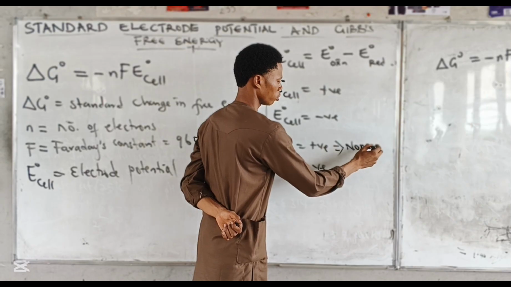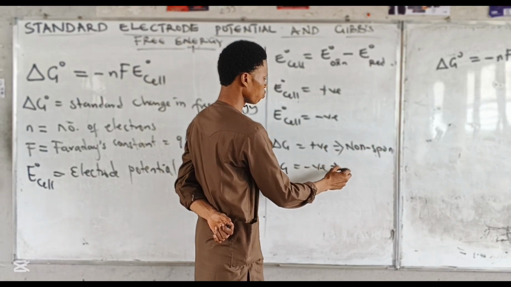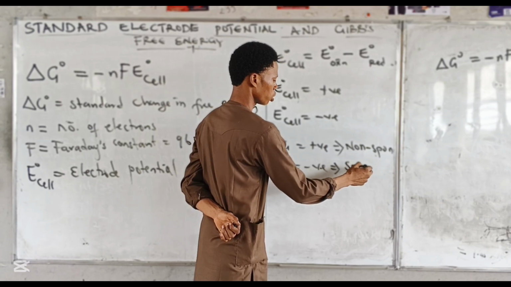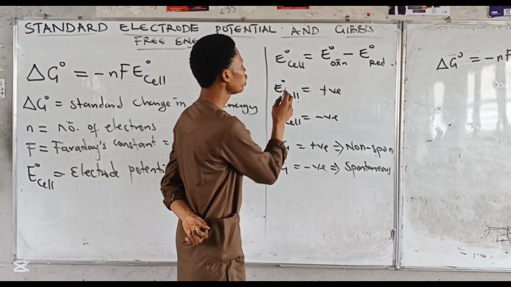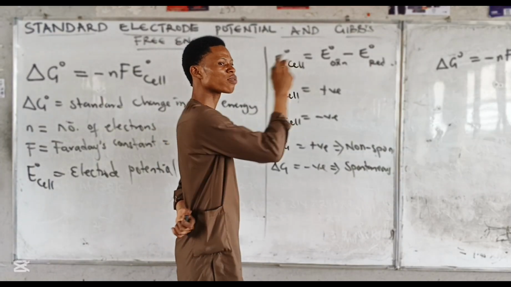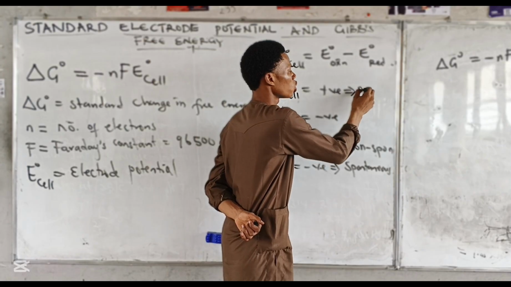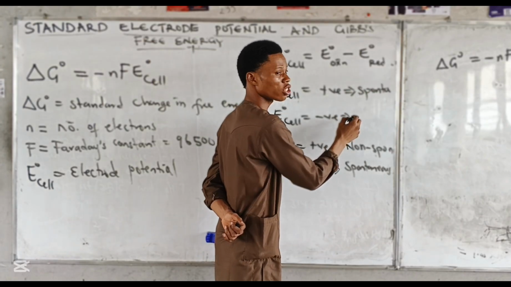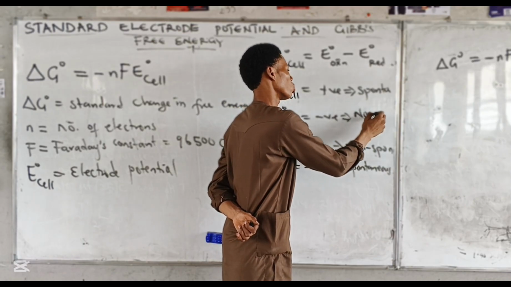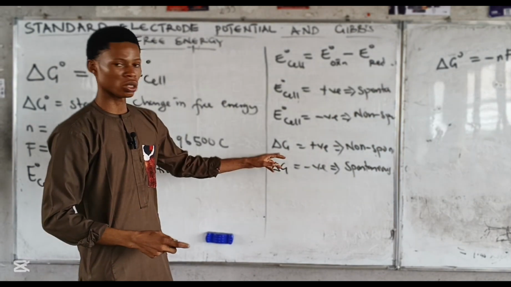Non-spontaneous, right? Now, if delta G is negative, we say the reaction is what? Spontaneous. Now, for E naught cell, if after calculation your E naught cell is positive, we say the reaction is what? Spontaneous. But if it is negative, the reaction is what? Non-spontaneous.